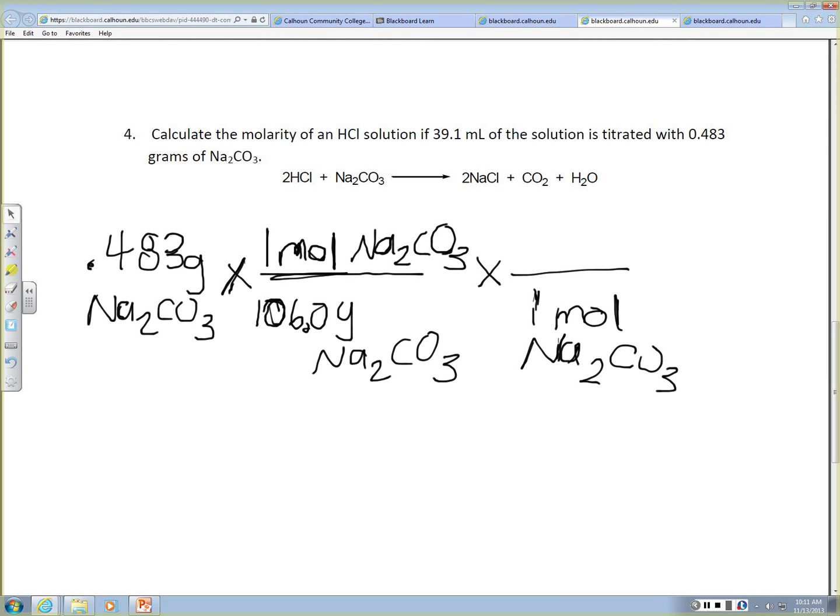And like Emily said, we have 2 moles of the acid, which we get from our balanced equation. So we divide 0.483 by 106, then multiply times 2. How many moles of HCl do we have? Everybody agree with Emily?